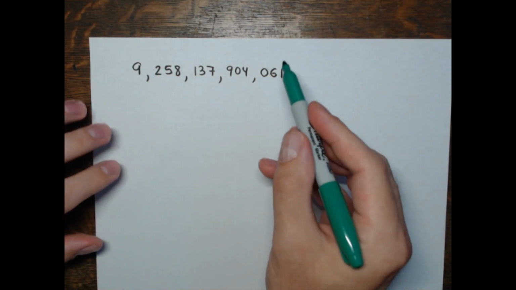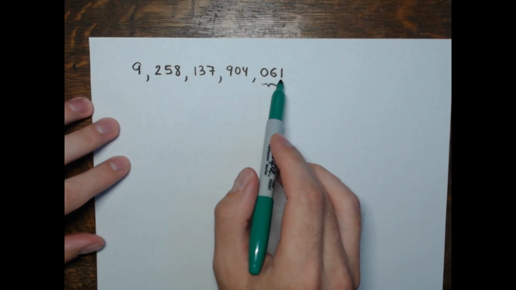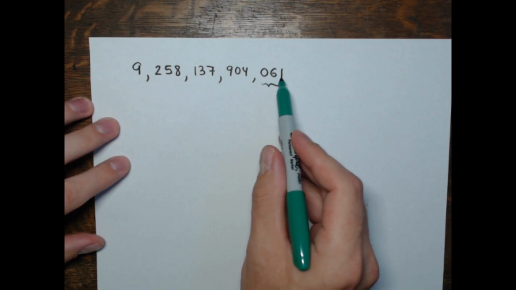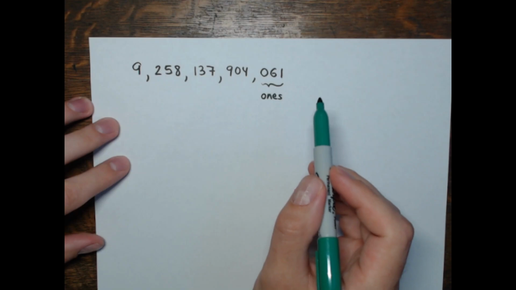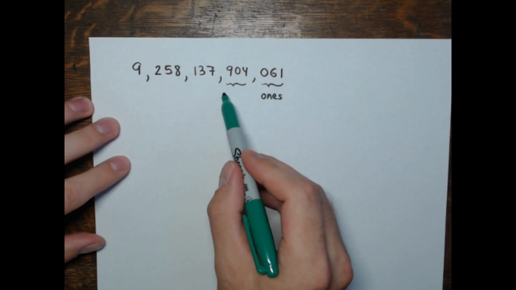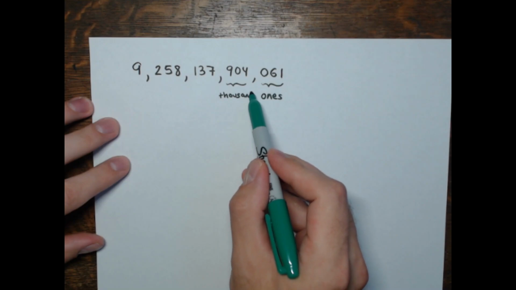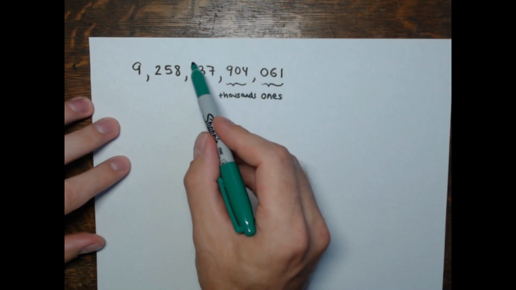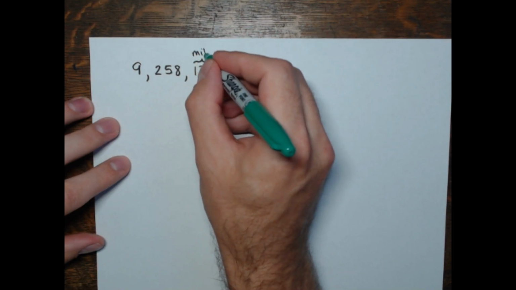All right, so once again, the periods, the far right 3 digits of a whole number are the ones period. The next 3, the thousands period. The next 3, the millions.